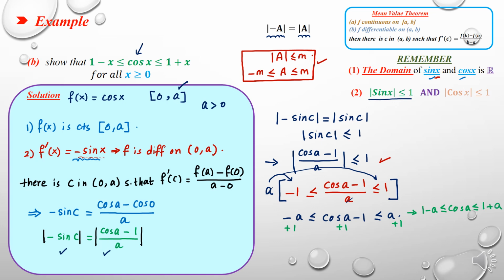Now let a equal x to change the variables. You will get the inequality we want to prove. So we have 1 minus x less than or equal to cosine x less than or equal to 1 plus x, and that's it. Thank you.